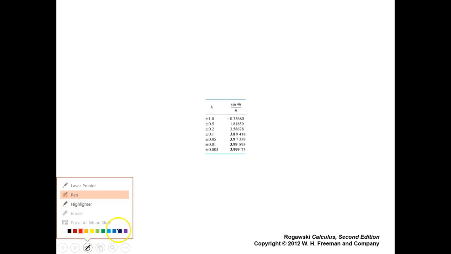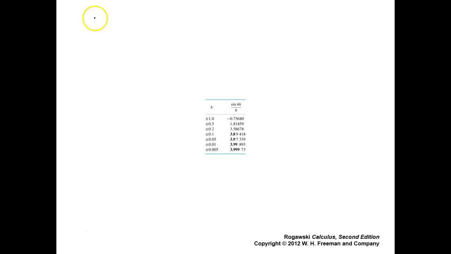Okay? Now, it's okay to change variables, but I don't think you actually have to. It says to investigate this limit. Let me get my pen activated here. Dark blue. The limit as h approaches 0 of sine of 4h divided by h.